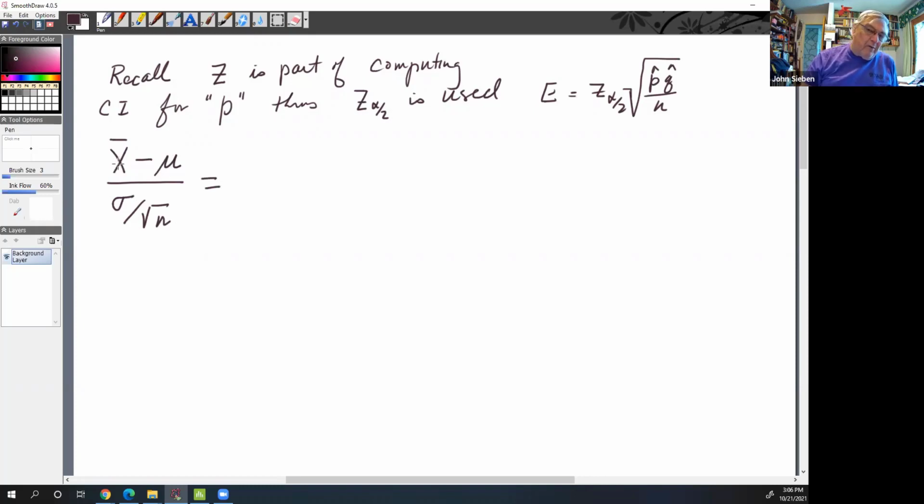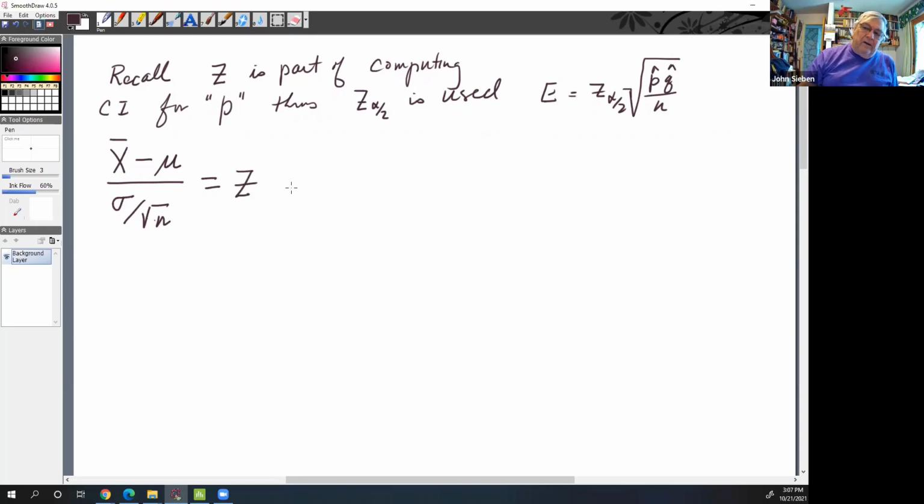If I compute X bar a bunch of times, I get a bunch of different answers, and it has a probability distribution. And the central limit theorem tells me that the distribution of X bar is going to be normal with a mean mu and a standard deviation like I've written down here. So remember, we've done all that. If I take a normal random variable, subtract its mean, divide by its standard deviation, I get a Z.